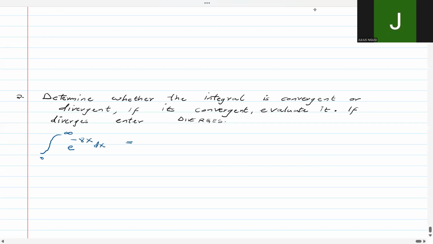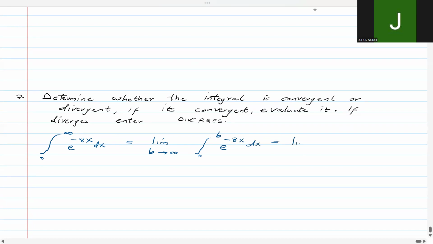This will be the same as finding the limit, because you have an improper integral with infinity as one of the limits. So we need b to approach infinity, then the integral from 0 to b of exponential minus 8x with respect to x.